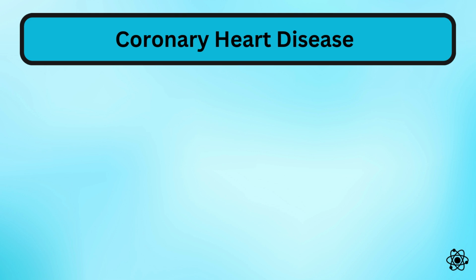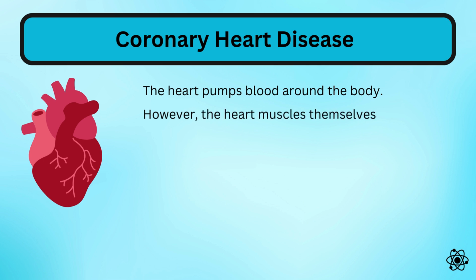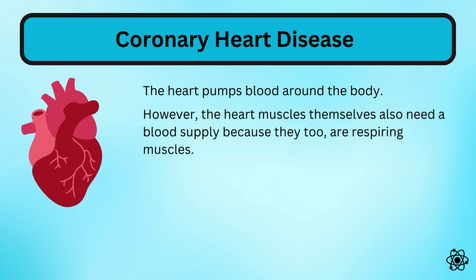Finally, let's learn about coronary heart disease. So far, we know that the heart functions as a pump which delivers blood to the rest of the body. However, the heart muscles themselves also need a blood supply because they are respiring muscles.